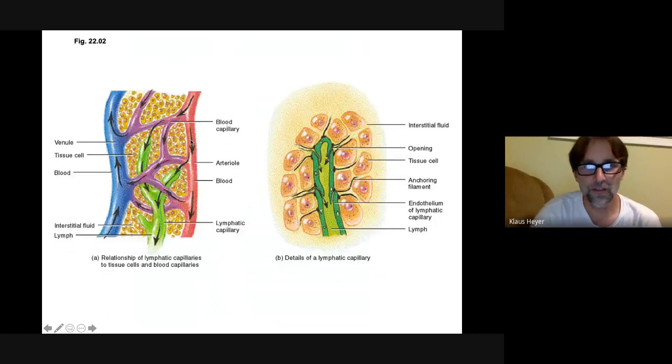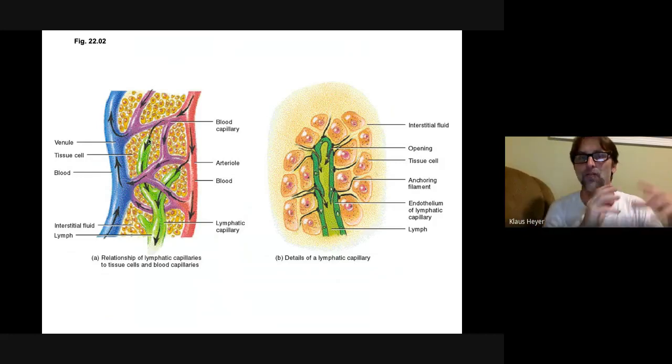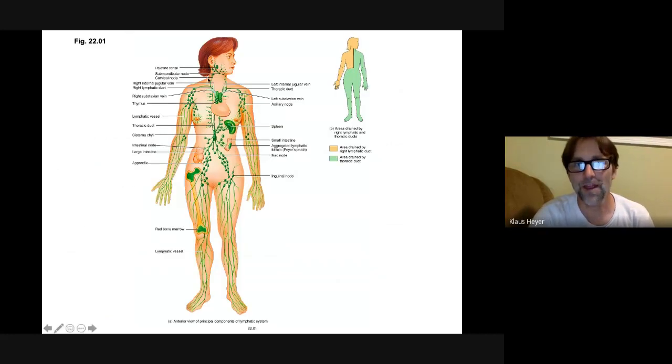If you look at this slide, this is the beginning of the lymphatic system. It moves from small capillaries to bigger vessels, and it ends right here, by the subclavian vein. So it starts small. It's not circular, right?